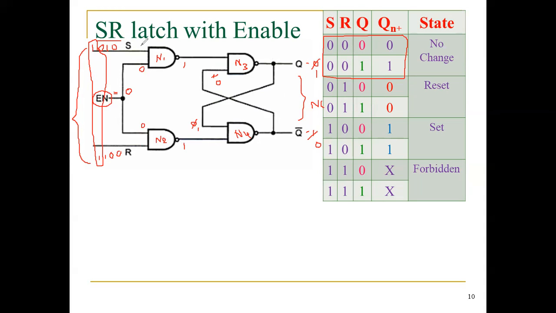So here it comes as a 1 and 1. Because my enable input equals 0, one of the inputs of my N1 and N2 is 0. So because of this, my output is again 1 1. Then whatever may be the Q output, it will be a no changing output.